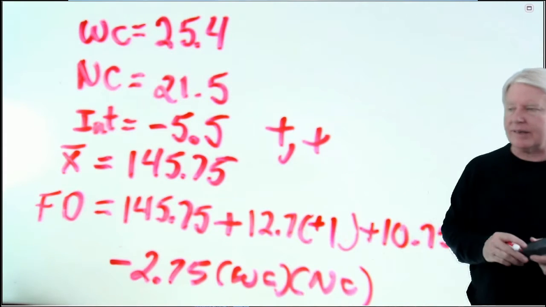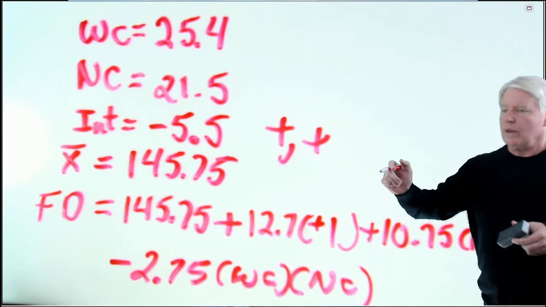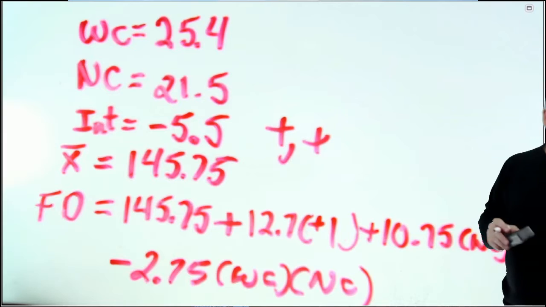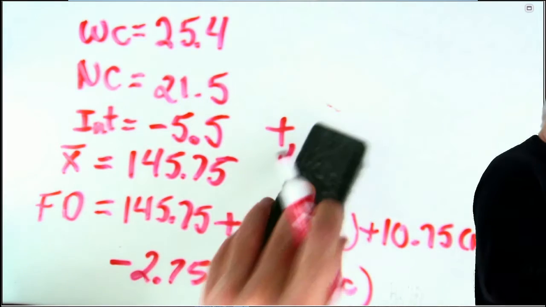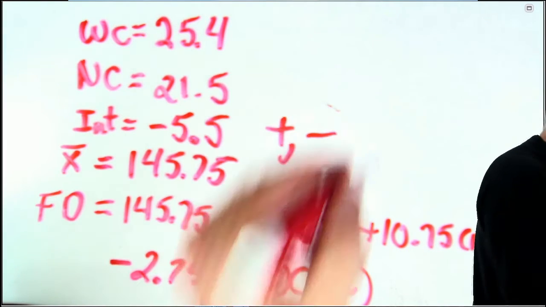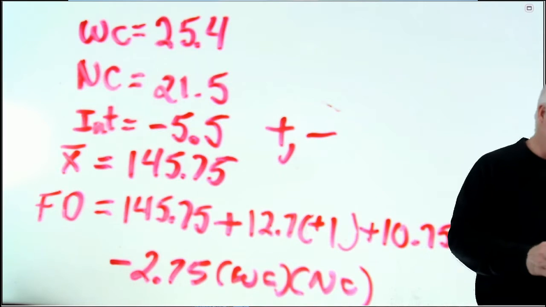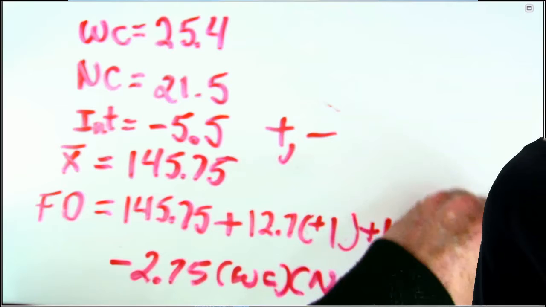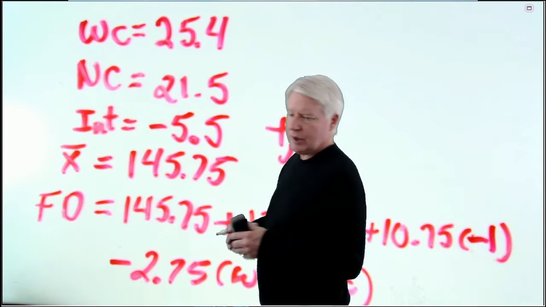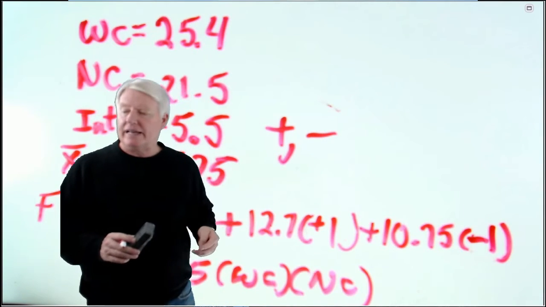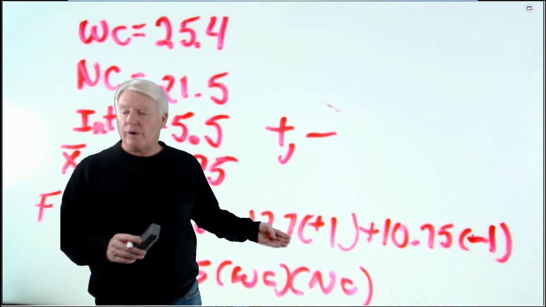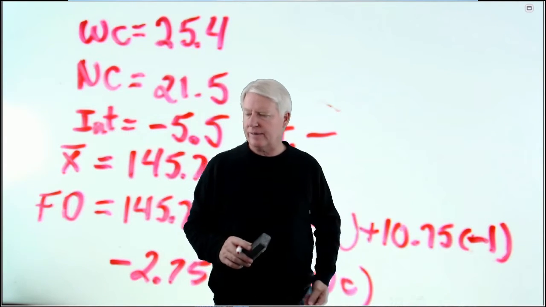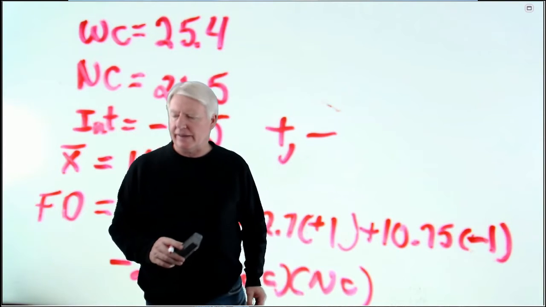And I'm going to test the nose condition also at a, well, let's change that. Let's put a negative number in there and make it a little more interesting. Negative 1. So I want to test that at negative 1, so I'm going to put a negative 1 in there for nose condition. In other words, I want to know the flight distance when the wing is folded up and the nose is folded out. That's what negative means on that.